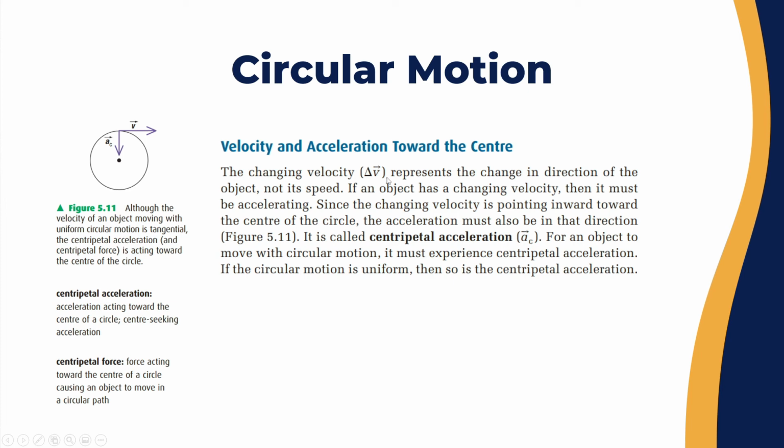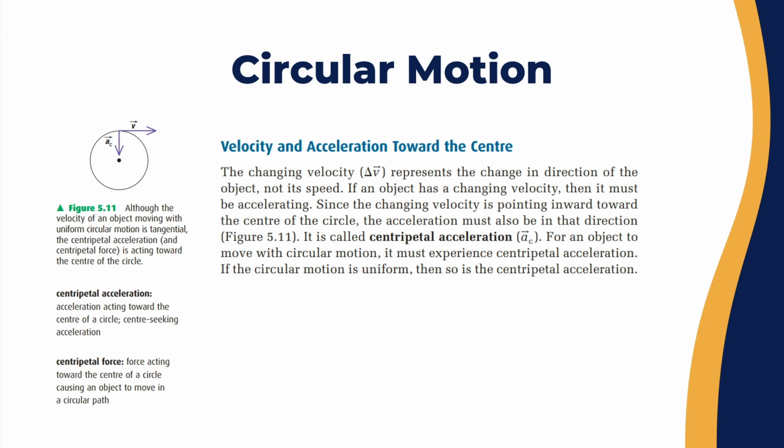The change in velocity is the change in direction of the object, not the speed. If the object changes its velocity, then it has acceleration, and the change in velocity points inward toward the center of the circle. And if that's the case, the acceleration must also be in that direction.